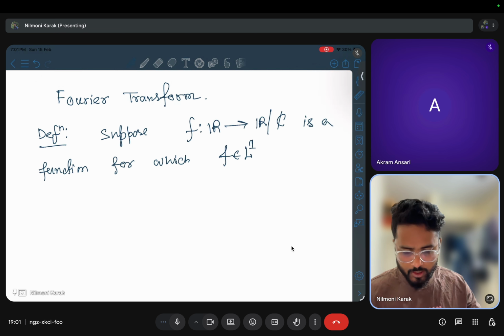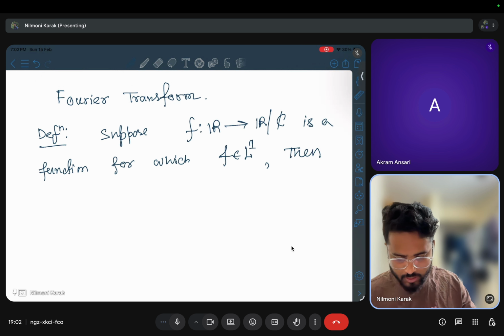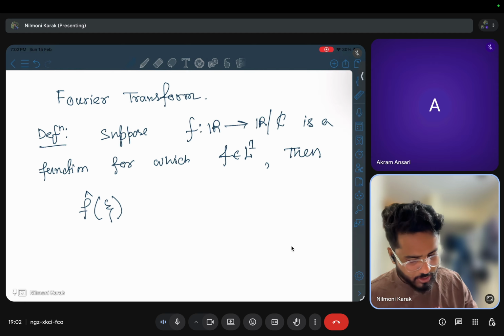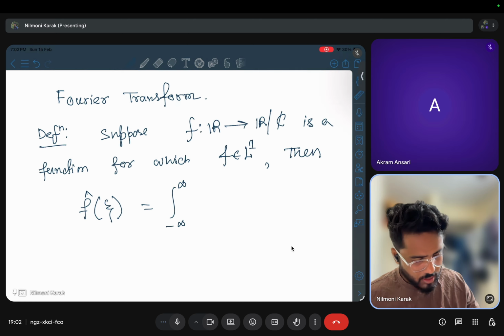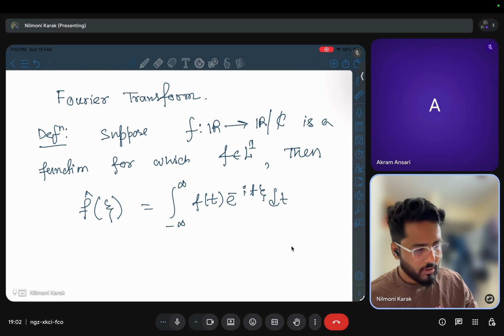Then the integral f hat of xi equals the integral from minus infinity to infinity of f(t) e to the power minus i t xi dt.